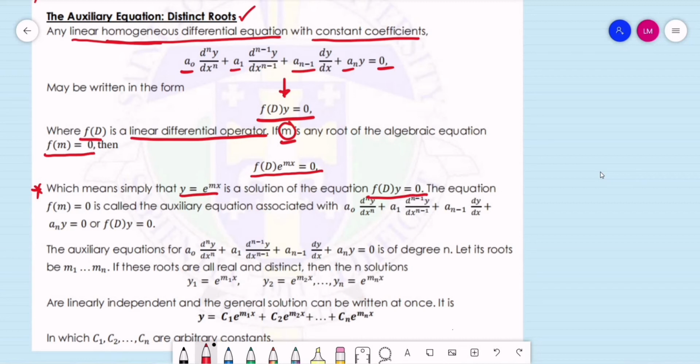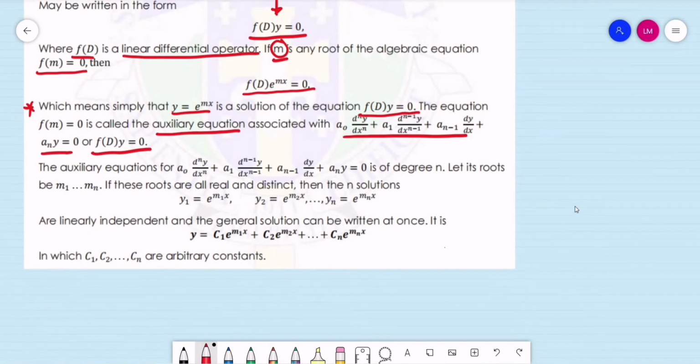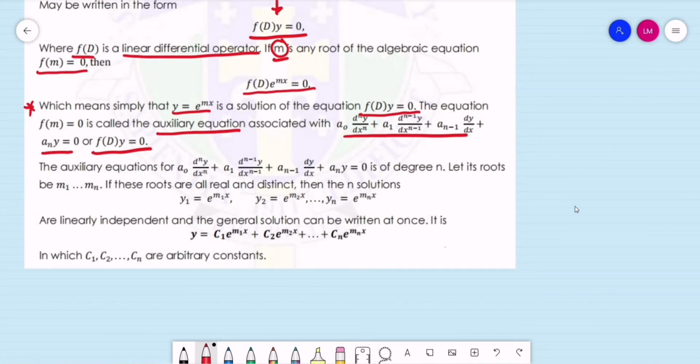So the equation f of m equal to 0 is called our auxiliary equation associated with this linear homogeneous differential equation, or simply written as f of D multiplied by y equal to 0.